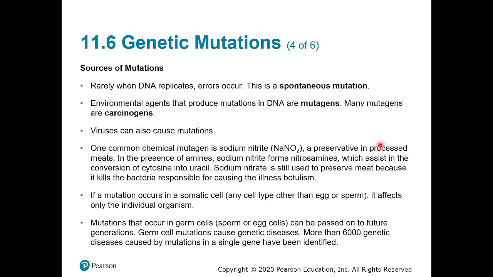In the presence of amines, it forms nitrosamines, which assist in the conversion of cytosine into uracil. And so it actually changes the identity of C's into U's. Okay? Which obviously then changes how it matches up to other things, right? Because the thing that matches up to U is A, isn't it?